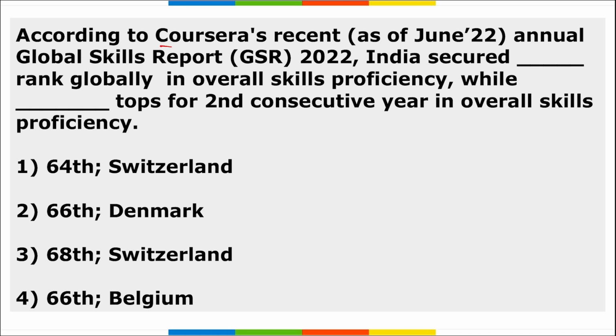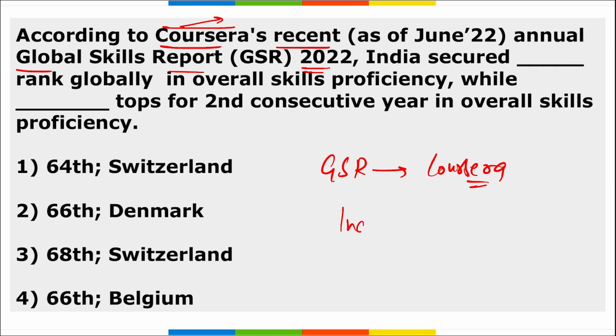Next, according to Coursera, what is Coursera? It is also an edtech company. It is an education platform where you can receive various certified courses. So recently, according to Coursera's Global Skill Report of 2022, what was the rank of India globally?